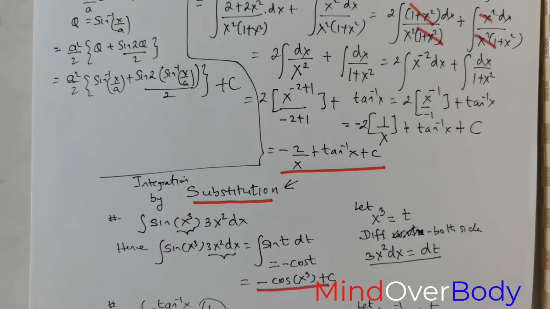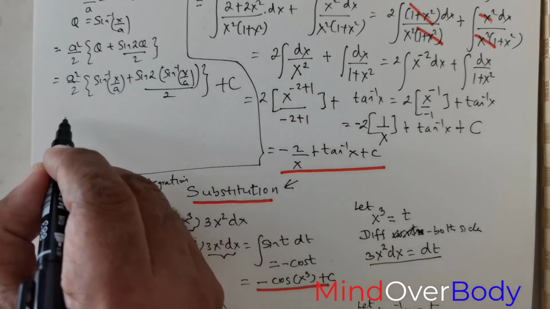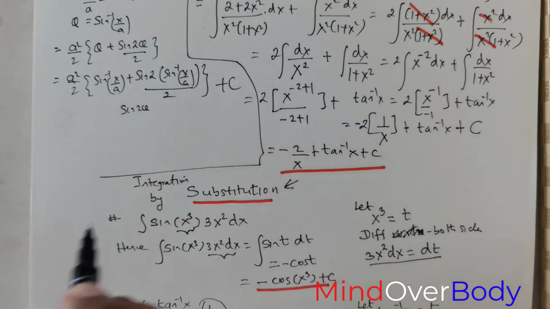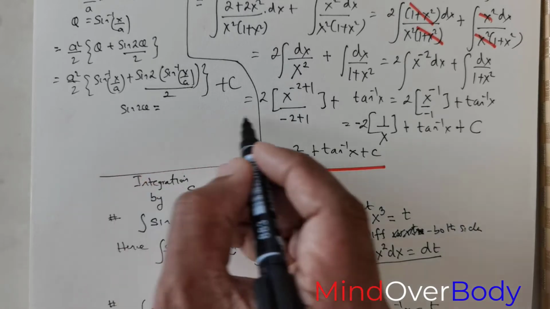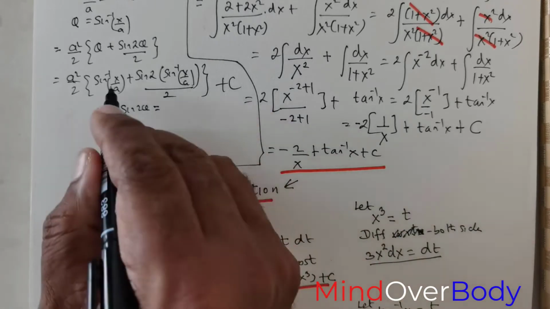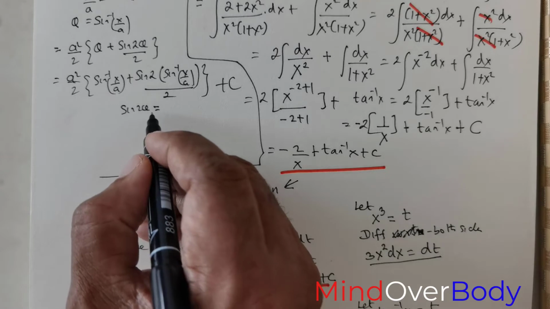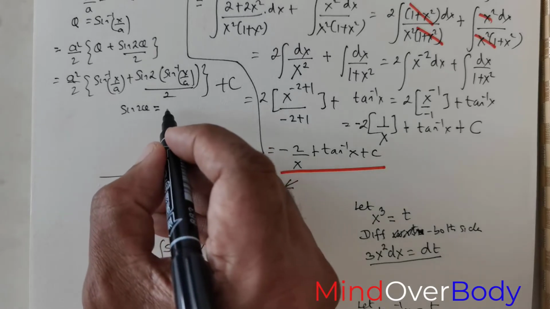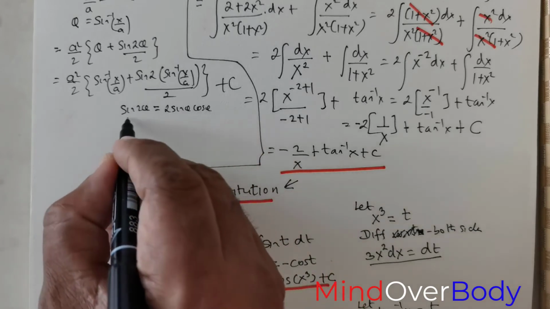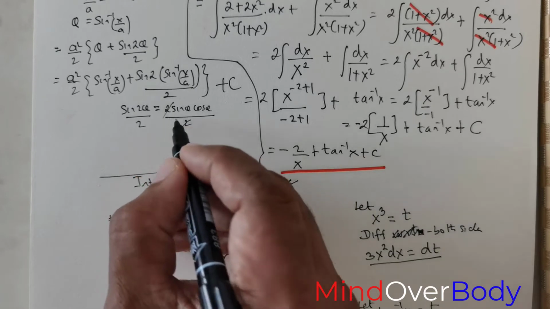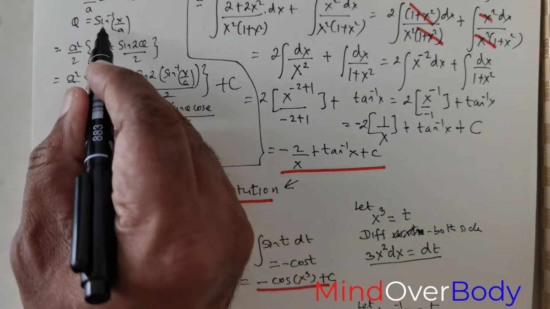Now in fact, if you are not happy with sin 2 theta, you can always rewrite it, because some may not like sin 2 theta's appearance. You can revert this into an equivalent relationship that we know, because sin 2 theta is nothing but 2 times sin theta cos theta, but this is divided by 2, so you can get rid of this 2. In that case, sin theta is nothing but x over a.